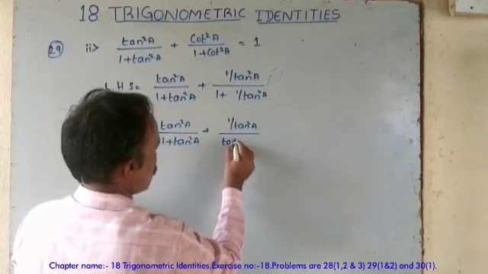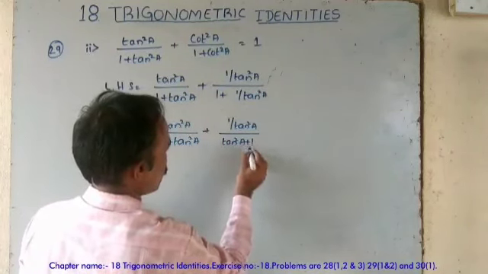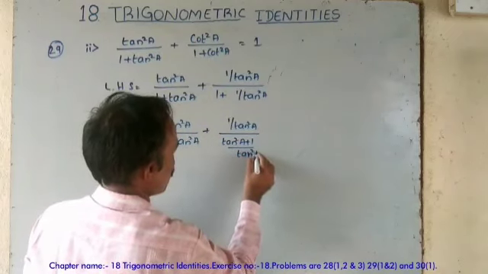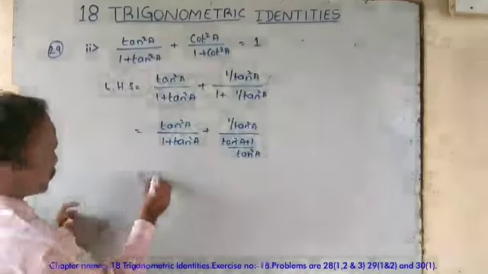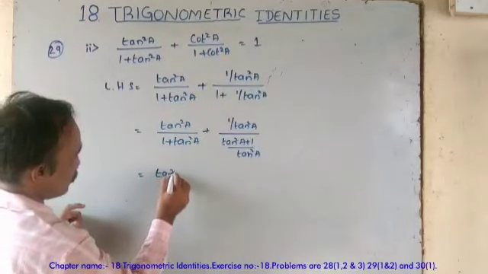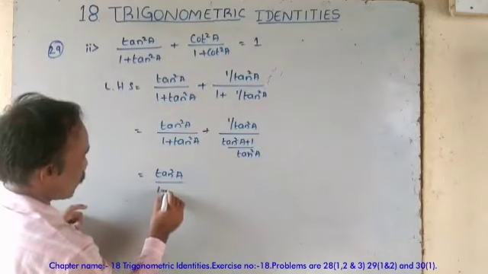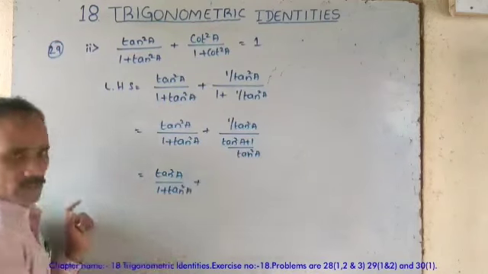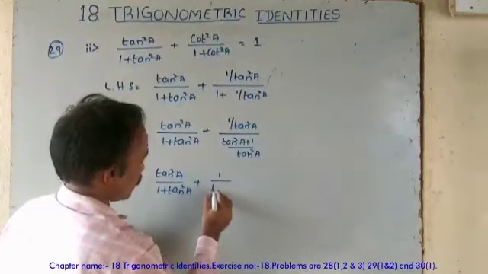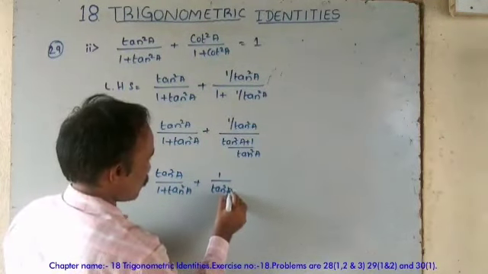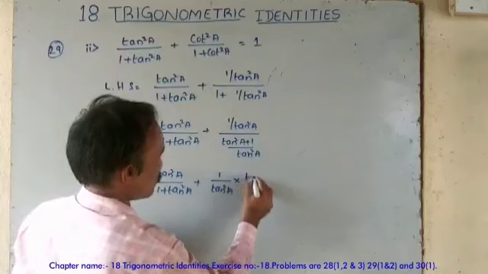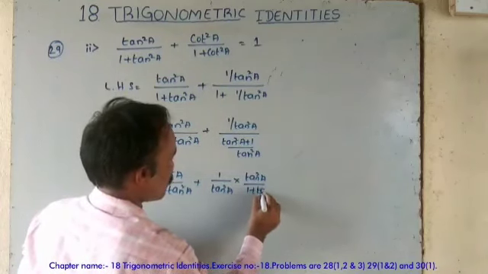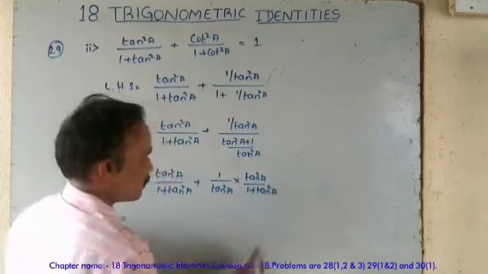What you will get: tan square A plus 1 divided by LCM, that is tan square A. Now this is equal to tan square A divided by 1 plus tan square A, correct, plus 1 divided by tan square A into, make it reverse now, tan square A divided by tan square A plus 1, or can be written as 1 plus tan square A.